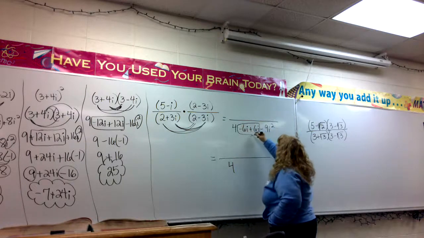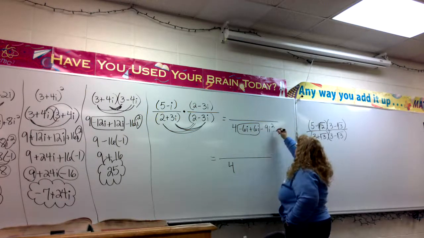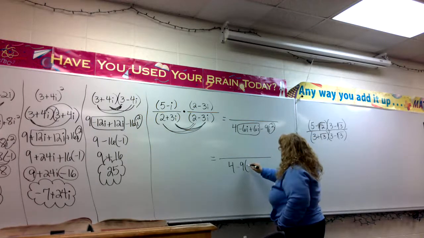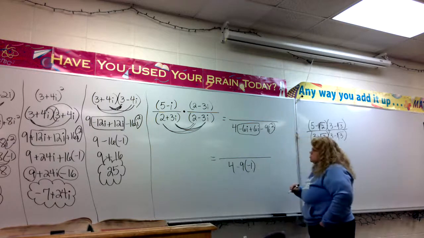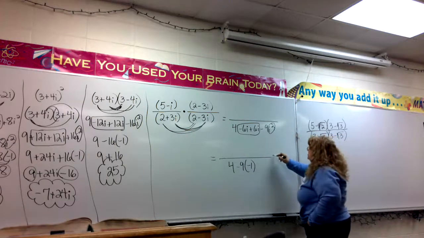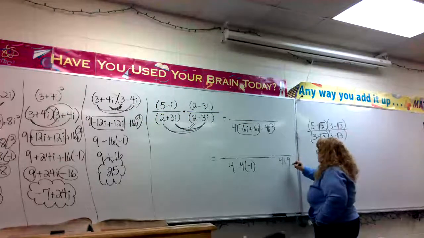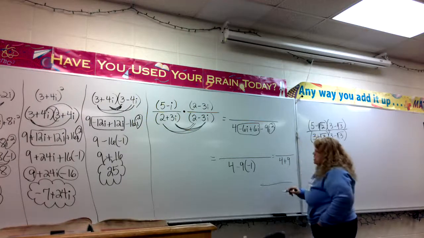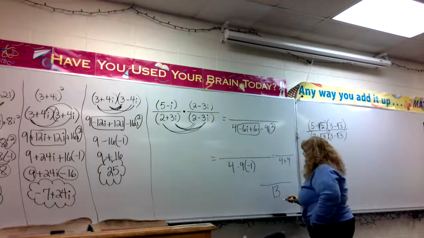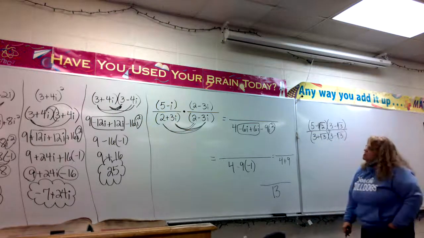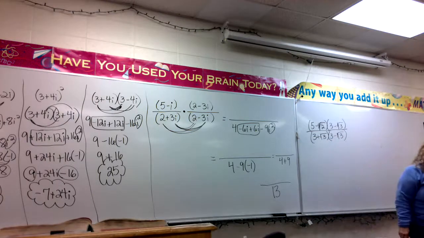These two cancel out. What is i squared? Times negative 1. i squared is negative 1, so this is going to end up being 4 plus 9. What is 4 plus 9? 13, I think. So that takes care of the i in the denominator. We got rid of it, right?